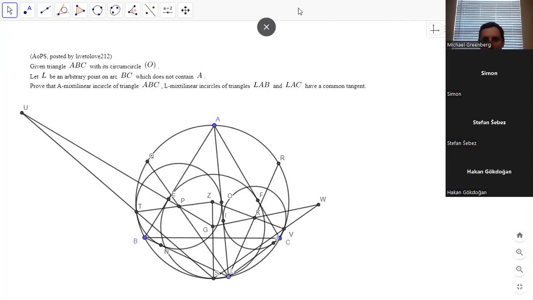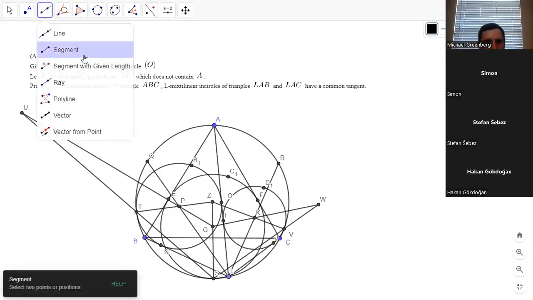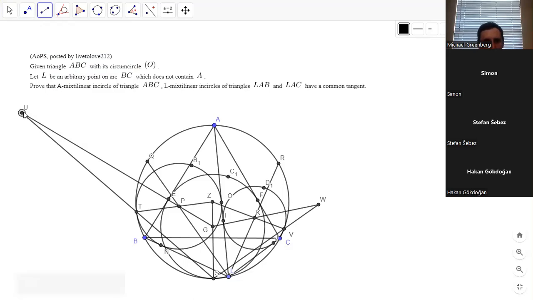I'm just gonna hide it instead, just because I like seeing those points. We want to show UW's tangent to this one. So I could hide the other two. Although I need the centers.